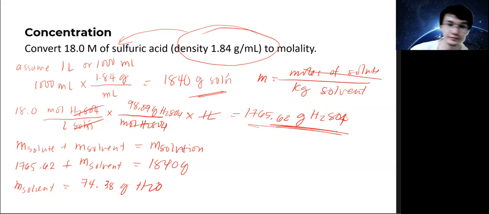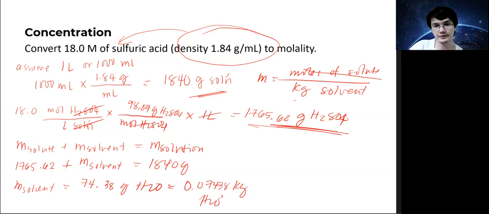So, since our solvent must be in kilograms, we convert it first. So we have 0.07438 kilograms of water. Then for the molality, how many moles do we have? We have 18 moles, since we assumed 1 liter of solution.